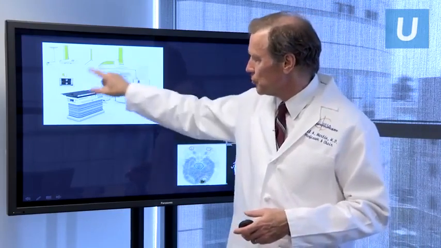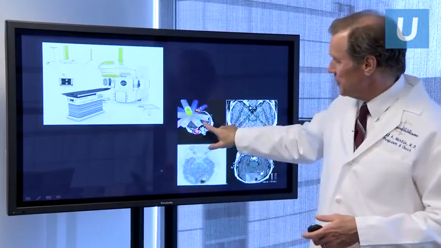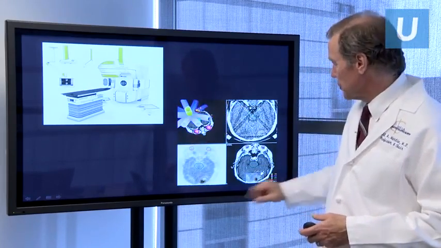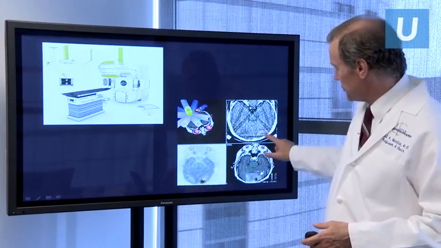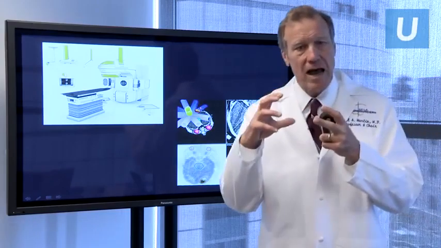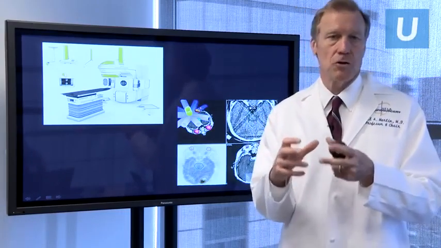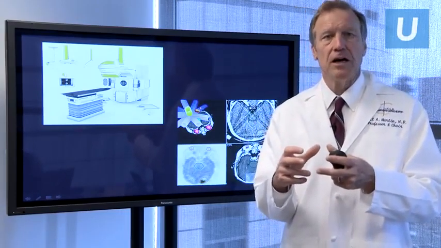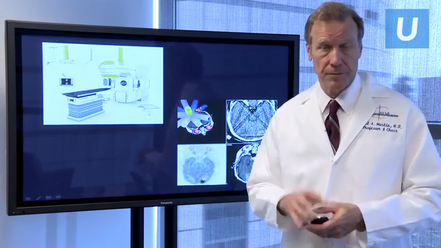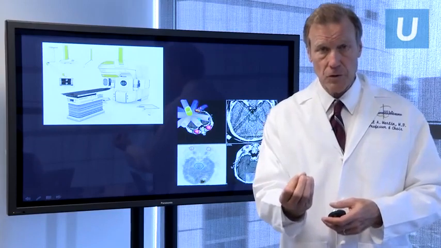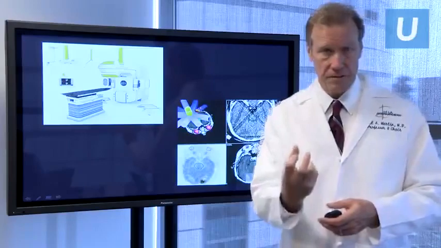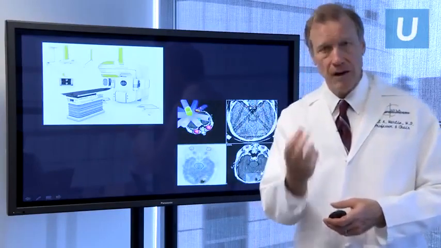The arm rotates around the head, and the AVM is hit by beams coming in from various different directions, so that the amount of radiation on this small AVM in this location is aggregated or focused on one particular area, largely to the exclusion of radiation exposure to the rest of the brain. And the area that gets the most radiation exposure is the area where the vessel effect takes hold and the AVM is gradually fibrosed.